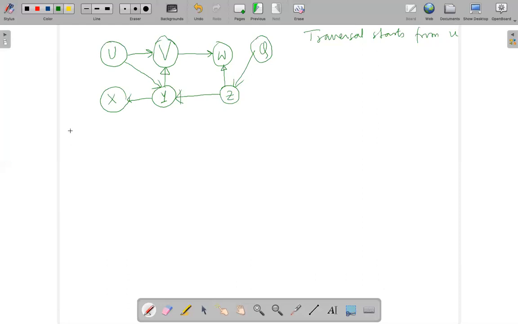It's all the same. So as I said, we start with U, and now inside the nodes, I will write the start and the finish times.